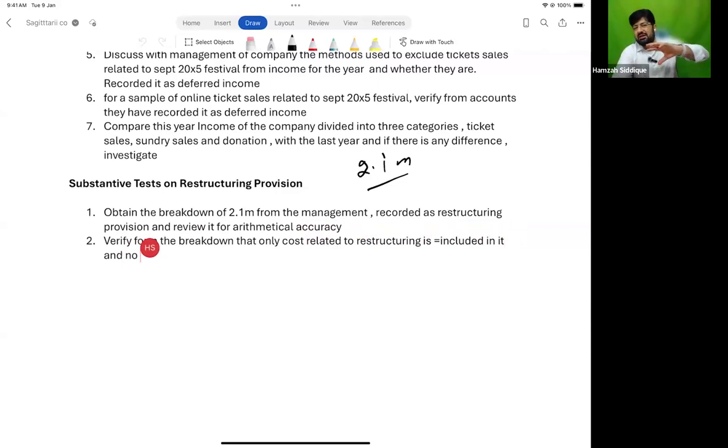What is the risk here? Some regular cost, maintenance cost may have been included. Okay, no regular maintenance costs are part of it.